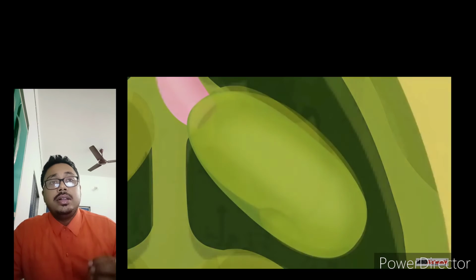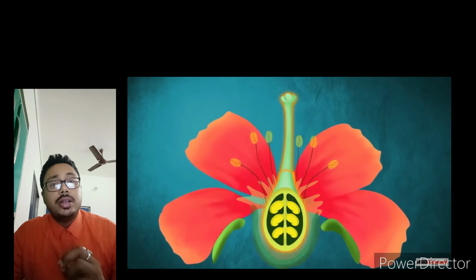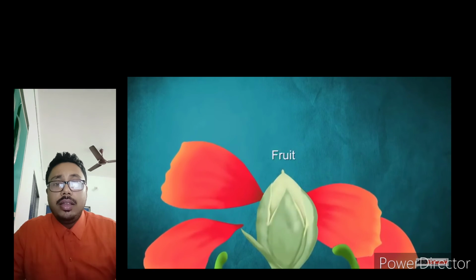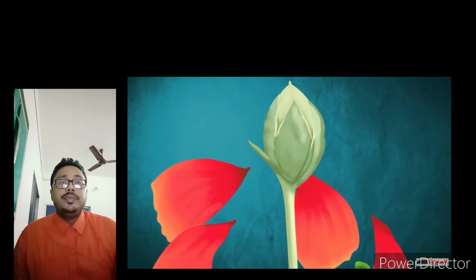See, of the pollen grain's germ cells, one fuses with the polar nuclei, which is of two nuclei. That is why it is known as polar nuclei. And another germ cell fuses with the egg.